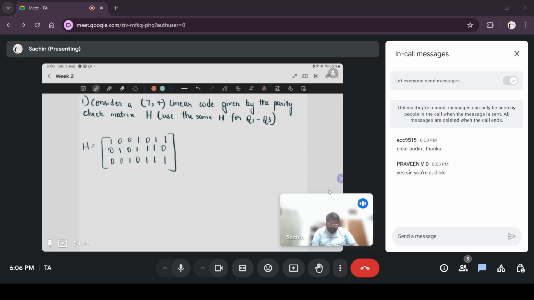And the question is, what is the random error detecting capability of this code?